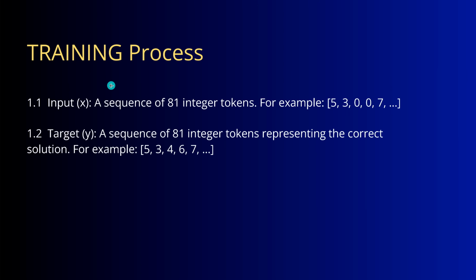The input is easy, a sequence of 81 integer tokens for our Sudoku puzzle, the numbers that are already filled in. And then we have to provide the final solution, the target, X and Y, whatever you want to call it. The target is a sequence of 81 integer tokens representing the correct final solution. Easy, it's a vector with 81 components.